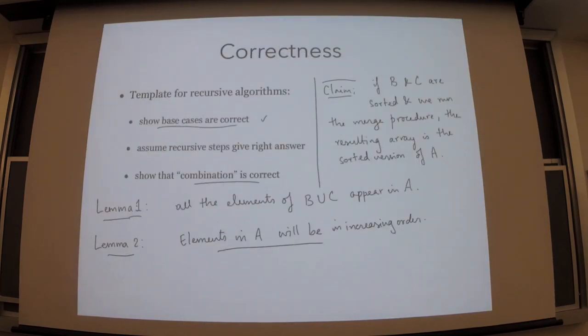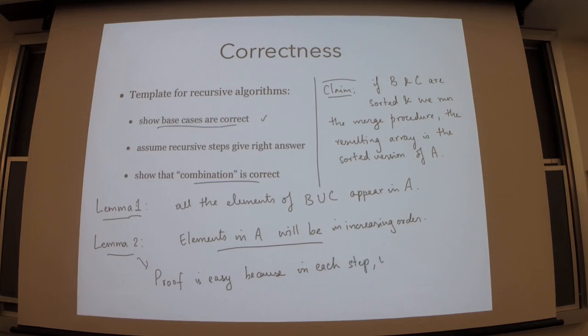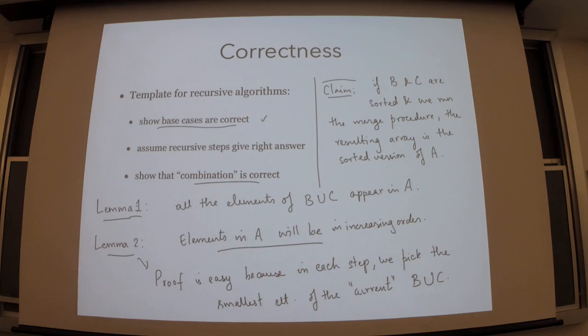So the proof of this is because in each step we pick the smallest element of the current B and C. So B and C keep reducing in size, and each time we pick the smallest element.